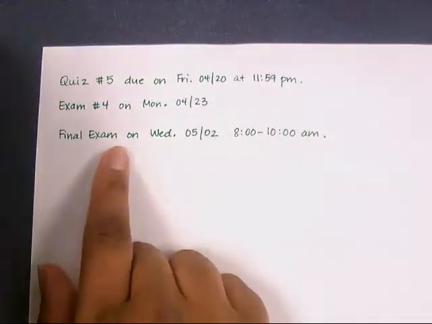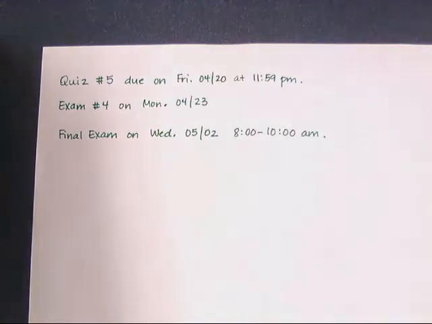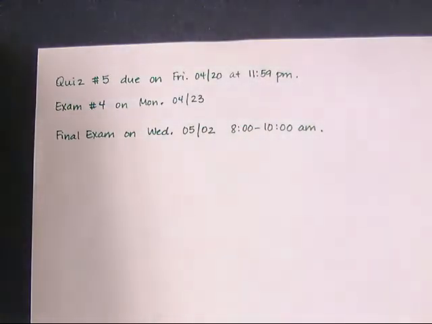And a heads up on this, the final exam will be on Wednesday, May the 2nd from 8 o'clock to 10 o'clock in the morning. It will be comprehensive. I will have a review sheet that will provide all the material that we discussed in this particular course. We might have to spend 2 days just reviewing for the final exam.